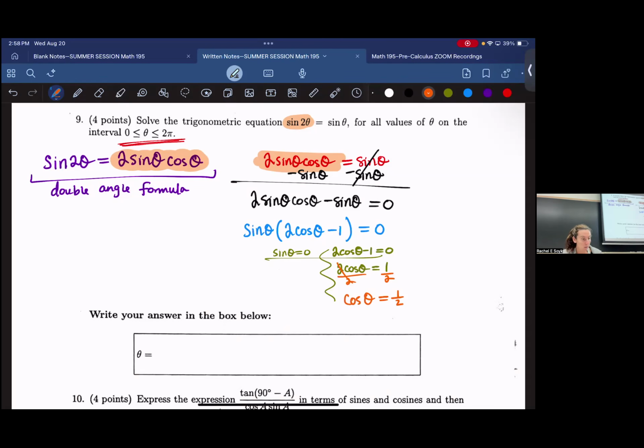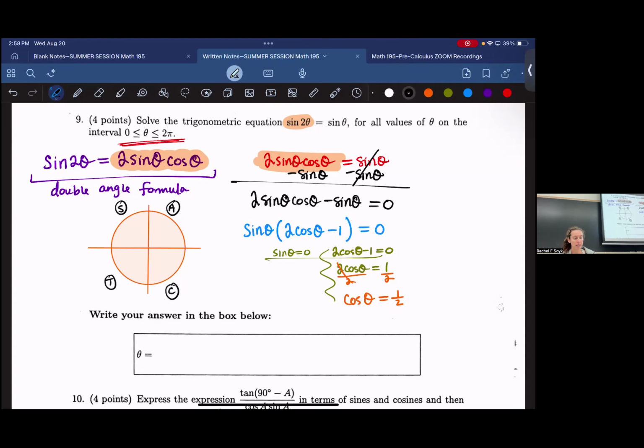Now this is where we look at our unit circle, knowing where our trig functions are positive and negative, and finding all of our possible values.